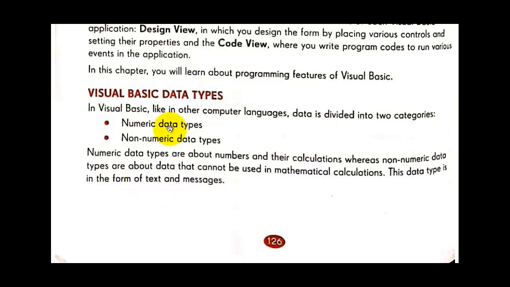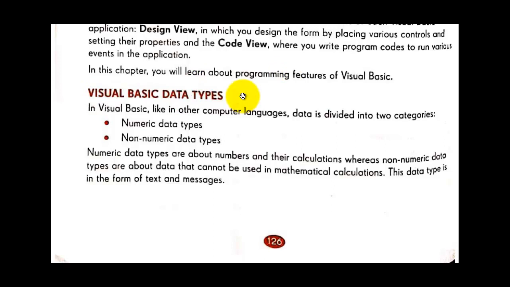Now what is the first one? The first one is numeric data types, which include calculations and numbers. And the next one is non-numeric data types that cannot be used in mathematical calculations. As the name itself says, non-numeric means it cannot be used in mathematical calculations. This data type is in the form of text as well as messages.